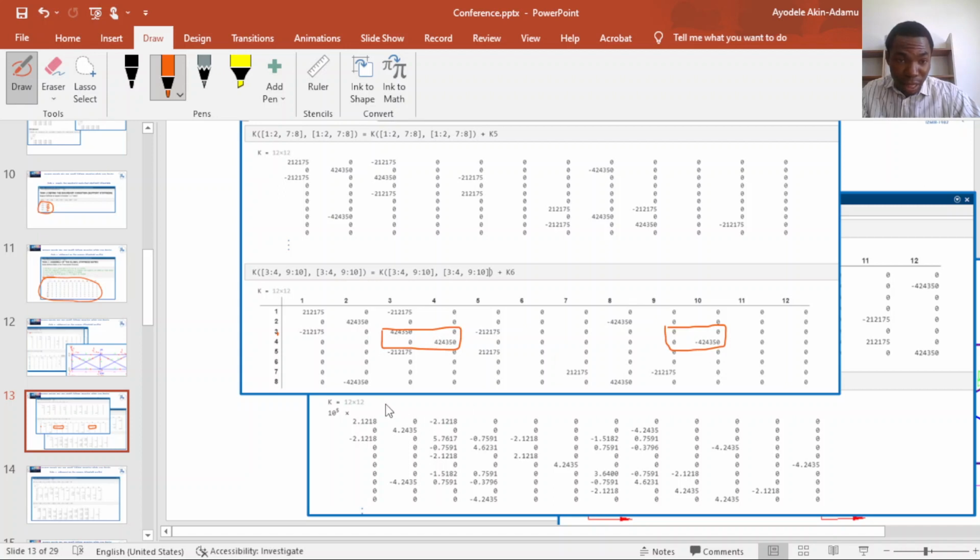The other parts I cannot view because Matlab only shows 8 rows of the matrix. The 9, 10, 11, 12 is hidden. So I cannot view 9, 10, but it is actually there. I've highlighted 8 elements in the local stiffness matrix of K6. So this is part of it, this is part of it.